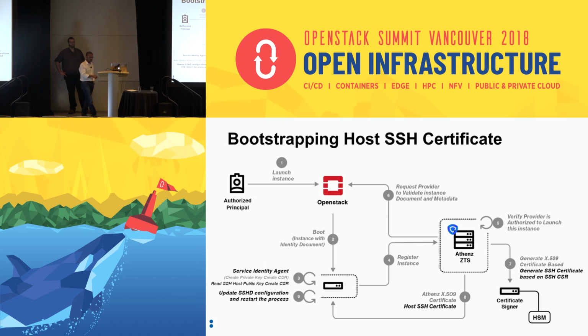The Bastion host talks to Athenz to see, hey, does this user have access to this particular host? If so, then it gets the X509 SSH cert and uses that role cert to connect to the host. So that's something which we are working on. We'll have a blog post when it's ready.